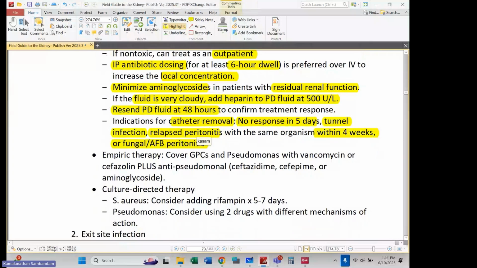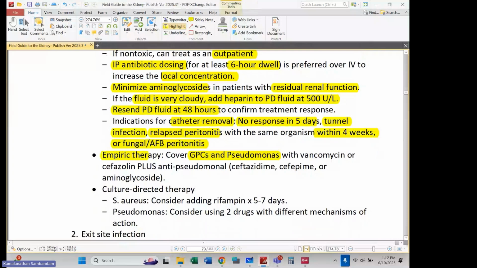Empiric therapy generally requires similar drugs to those for CLABSIs. You generally cover GPCs and Pseudomonas, and then you use Vanc when your center-specific prevalence of MRSA is relatively high. In our sites, we have reasonably high MRSA rates, so most people need Vanc and an anti-pseudomonal.